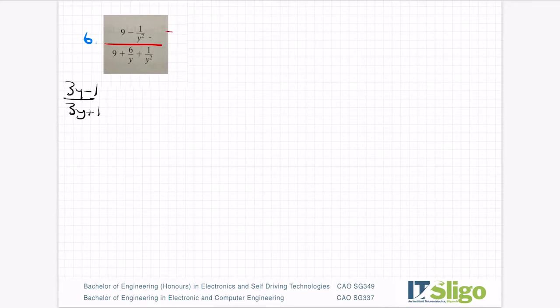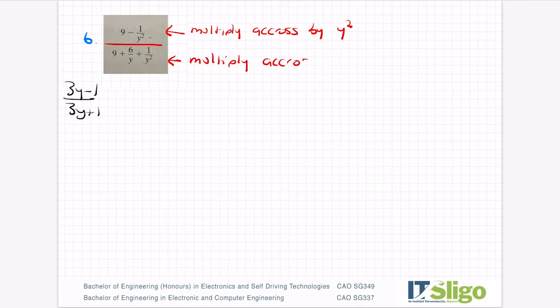So what I'm doing here is I am multiplying across by y squared. Okay, and what you do to the top, you have to do to the bottom. These have to be the same, so that you end up with the same denominator.